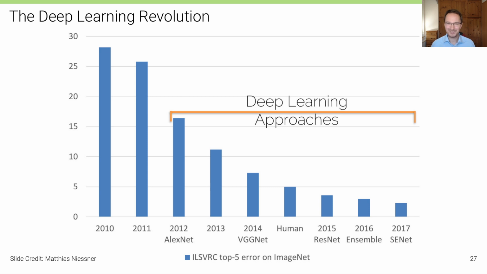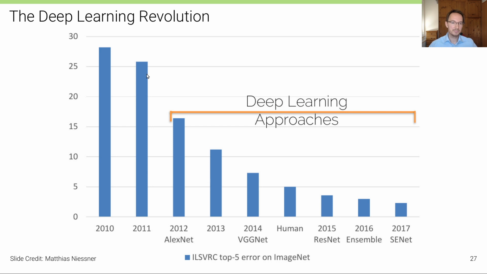Well, it's not a very easy task for humans to solve, but there was a steep decrease in the error rate, the so-called top 5 error rate. That is, how often you get an error if the correct class label is not within the top 5 of your predictions.